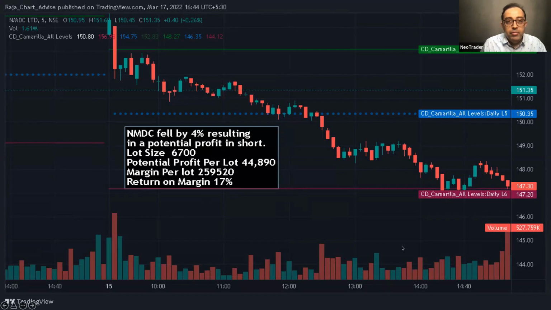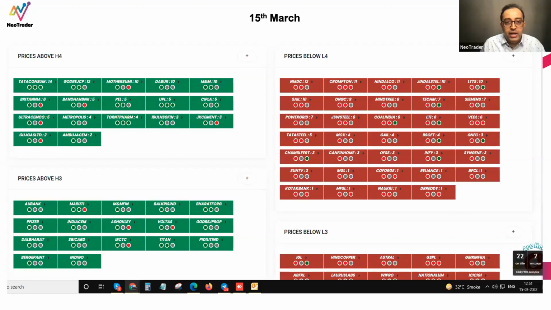With NeoTrader, you can quickly find out when a particular stock is coming down, when a particular stock, you can see here that yes, all the stocks are going below L4, here moving above H4. Stock identification is done, trend identification is done.